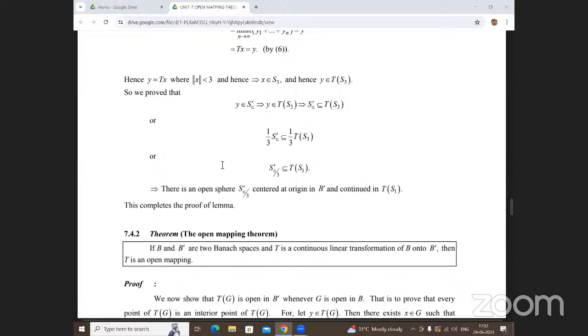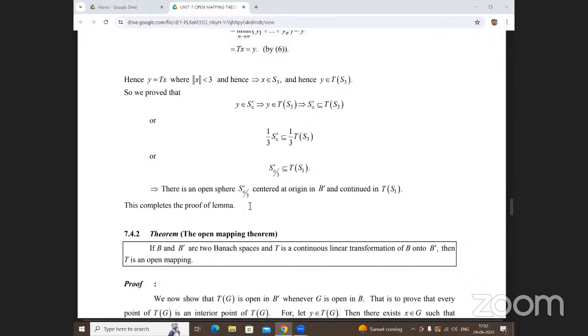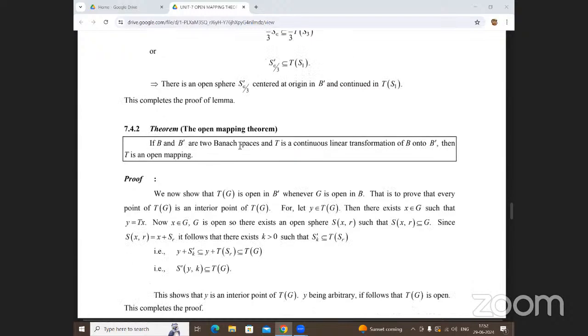This is a very important theorem, and this very important lemma depends upon the open mapping theorem. Here the open sphere is S epsilon by 3 dash centered at origin in B dash, and that is also contained in T of S1. So that is the lemma.